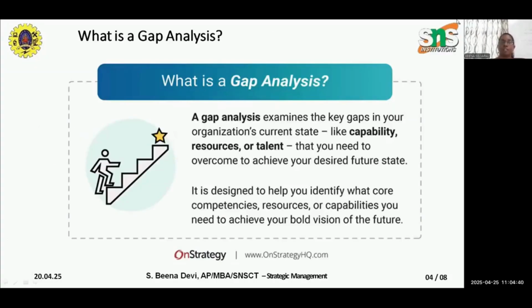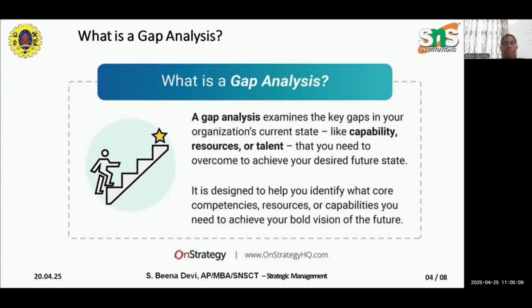So let's get next into what gap analysis is, with an example. Gap analysis examines the key gaps in your organization's current state, like the capability, resources, or talent that you need to overcome to achieve your desired future state. It is designed to help you identify what core competencies, resources, or capabilities you need to achieve your bold vision of the future.